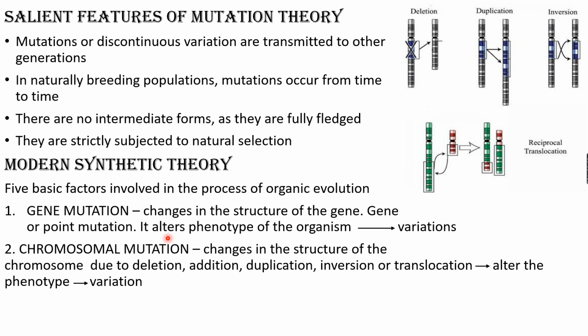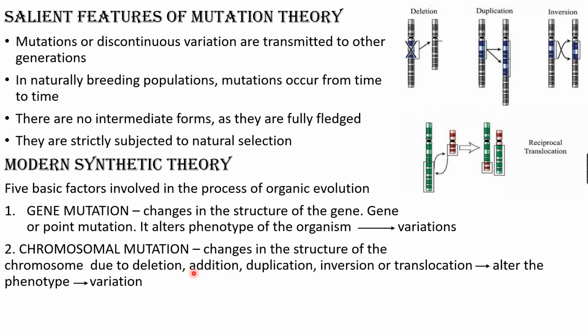It alters or changes the phenotype of the organism, which leads to variation. Alters means changes the phenotype. Phenotype means the external characters will vary. Okay, so in evening primrose plant, Oenothera lamarckiana, the color of the flowers changes to different colors because that is a phenotype character, and gene variations lead to it.